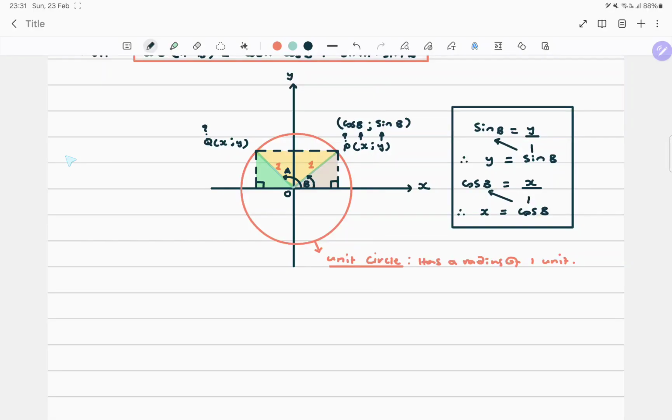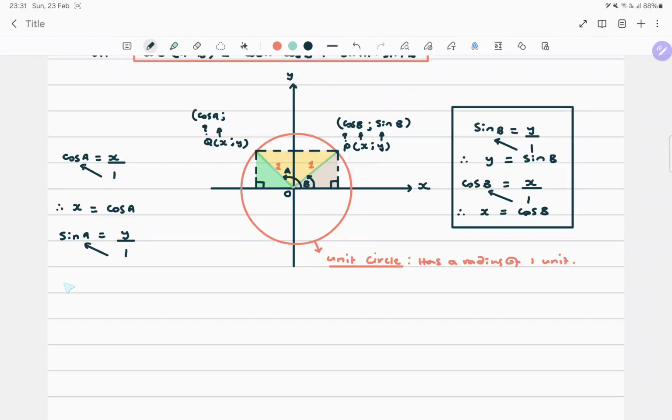Let's look at Q. If we do the same for Q and say cos of this angle, angle A, is going to be the x over the hypotenuse, which is 1. Then we cross multiply there. We see that x is going to be essentially cos A. So this is just cos of angle A. And we can say sine of A is going to be equal to y over 1.